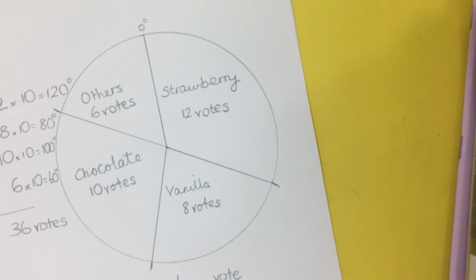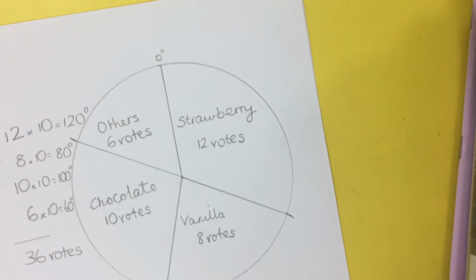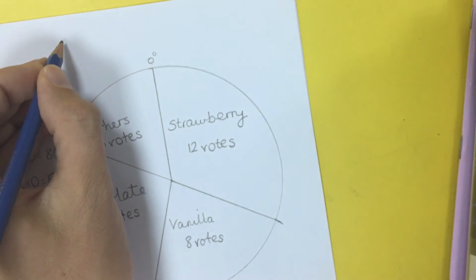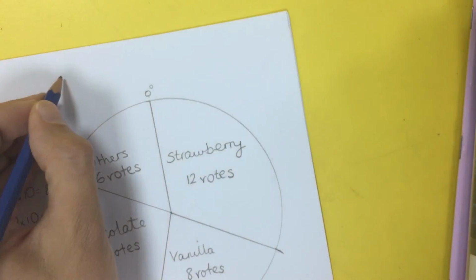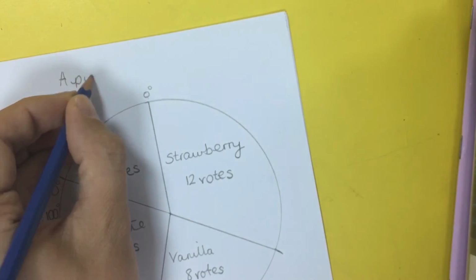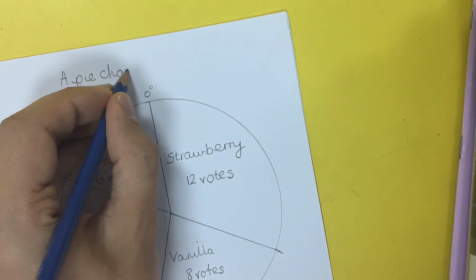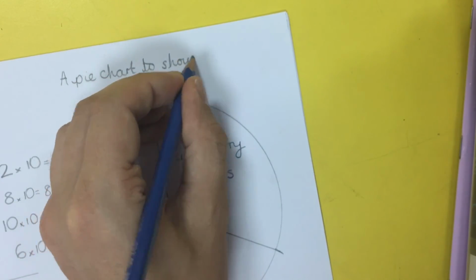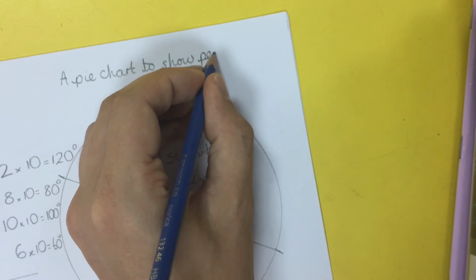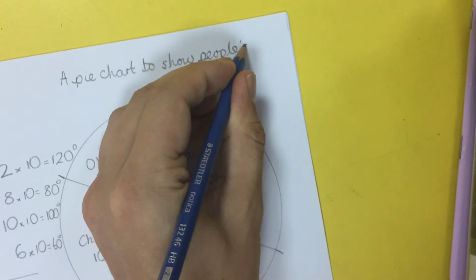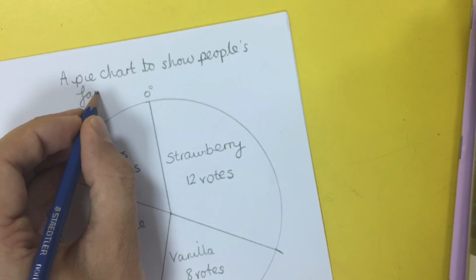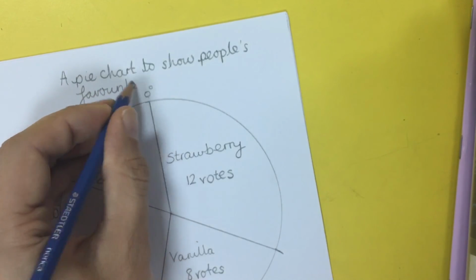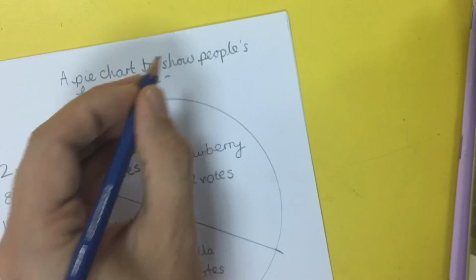And then when I'm done, and when I'm happy, I can give my pie chart a title, a pie chart to show people's favourite ice creams.